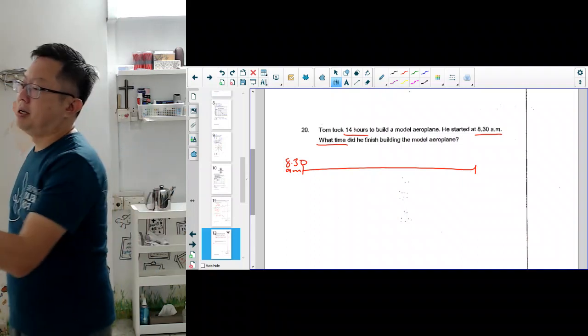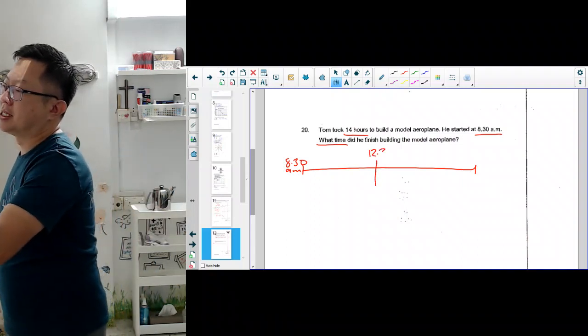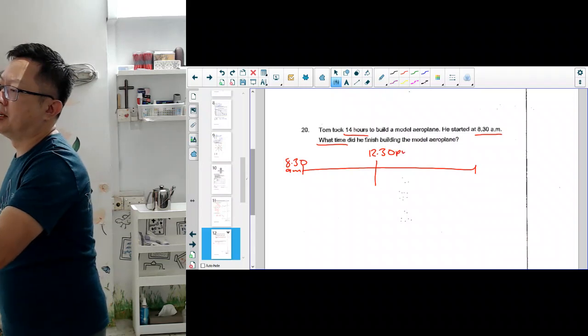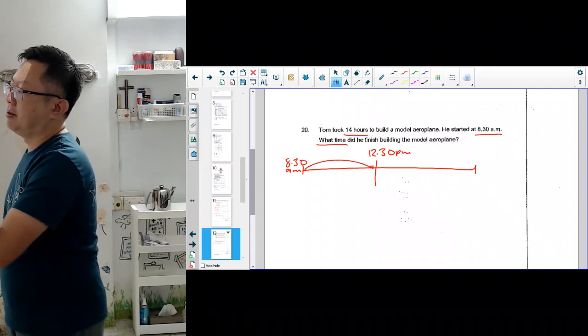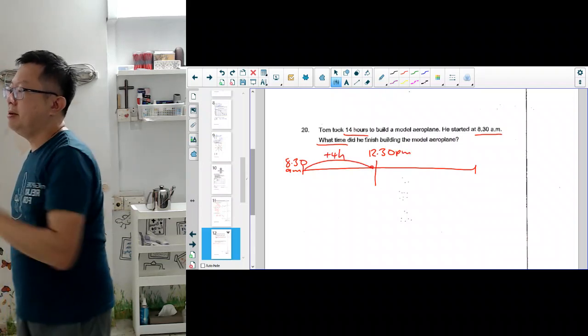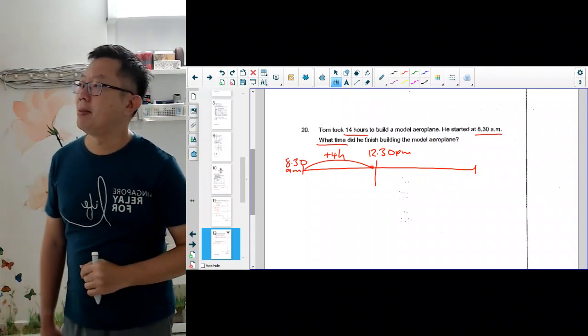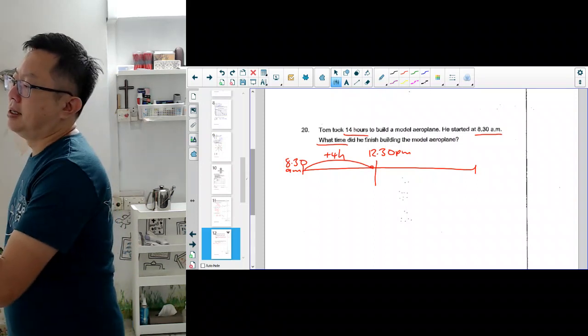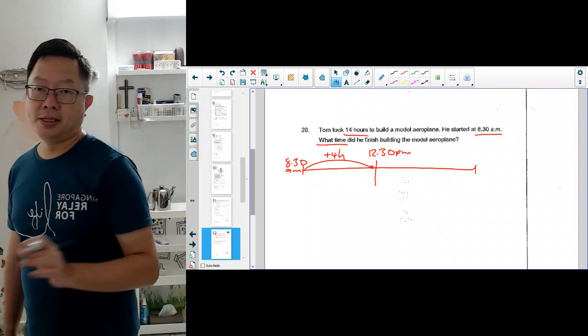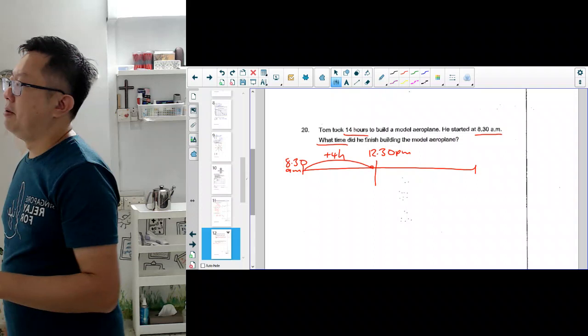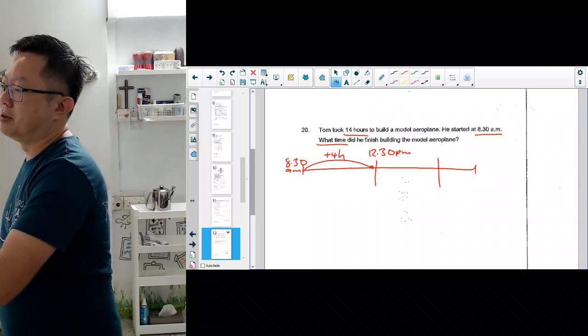So let's jump to 12:30, which is like the middle of the day, 12:30 p.m. So I jump 4 hours. Okay, so 8 plus 4 will become 12. So 12:30 p.m. And I need to jump another 10 hours, right? Okay, so if you find it's a bit hard, then you just break up into smaller jumps.